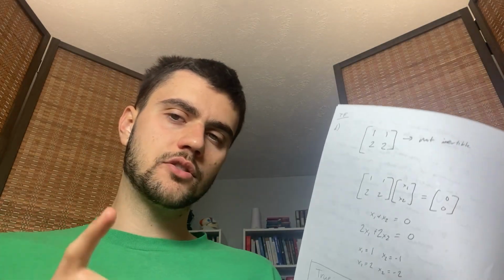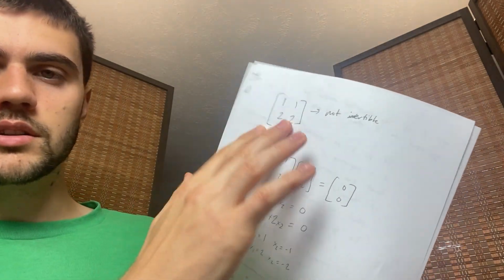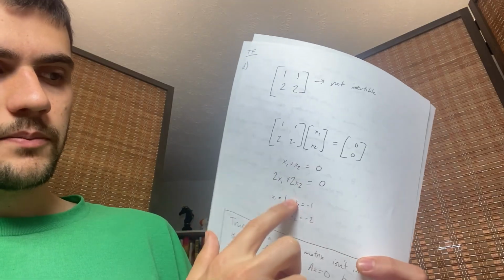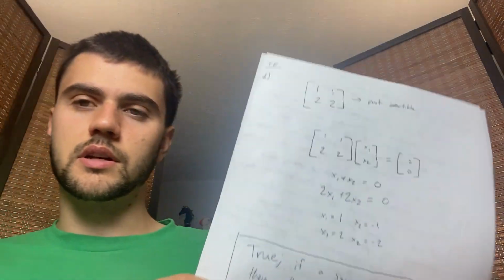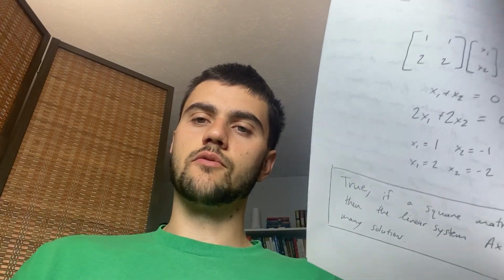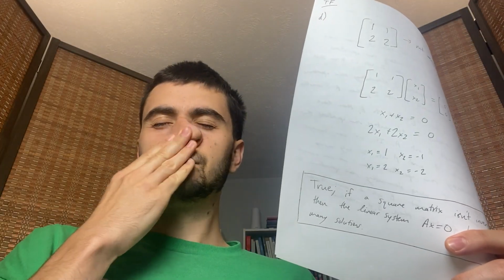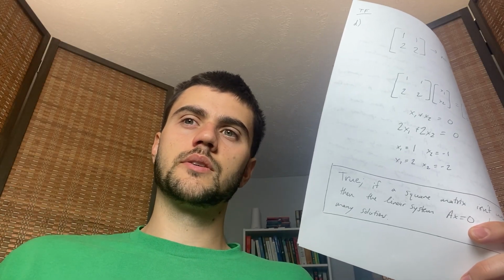I had a feeling this is true based on the row equivalence theorem, but I checked by creating a 2x2 matrix that is not invertible, and then multiplying that out and seeing that, yeah, it is true. So if a square matrix is non-invertible, then it has infinitely many solutions for the linear system A times X equals 0.